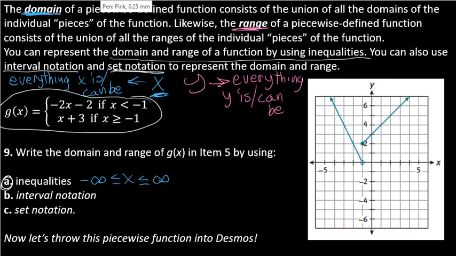But what we can say is that y is anything above the x-axis. In other words, y is greater than 0. Are we including 0? No, because we have an open circle here at y equals 0. So this would be our range using inequality notation.